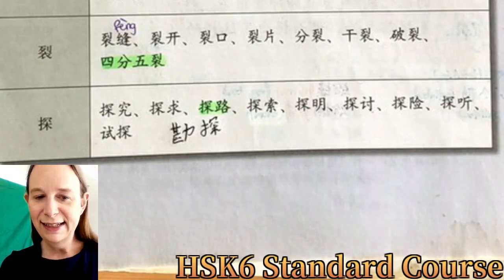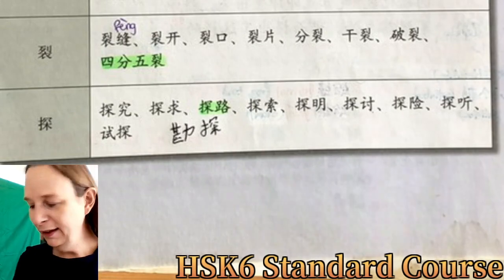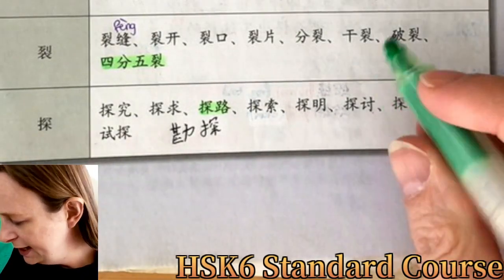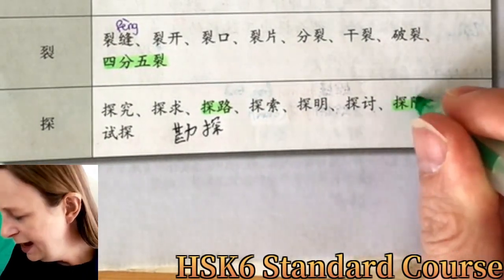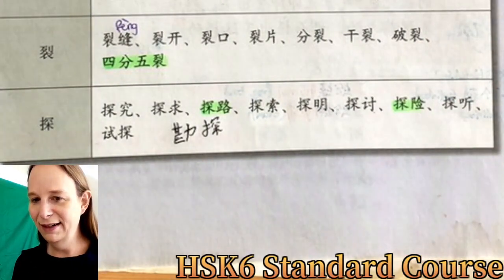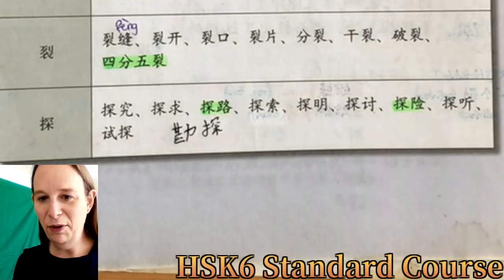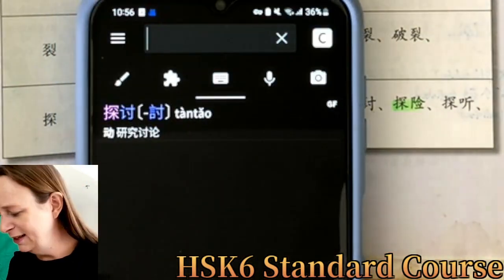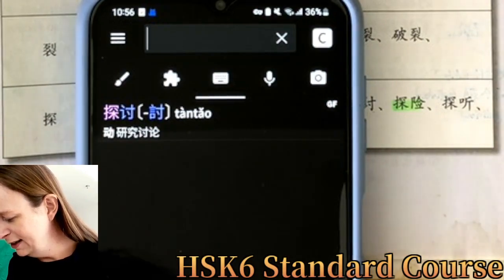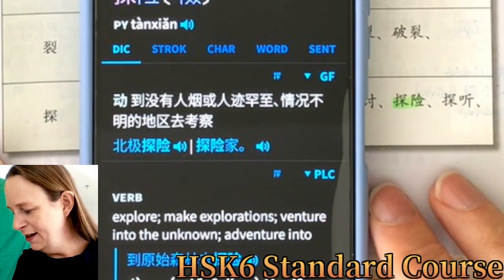Okay, next is 探险. Let's count that as a green one. 探险. I guess 探 means 探索 and 险 means 冒险 or something in that ballpark. To go on an exploratory adventure, I would guess. Let's see if I'm correct. 探险, explore into the unknown.